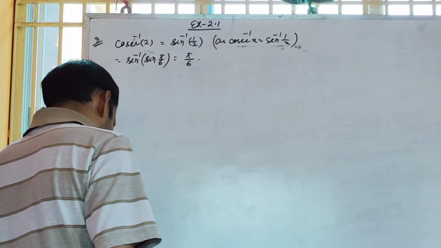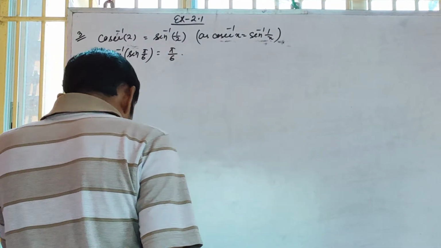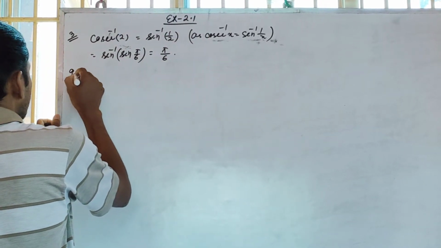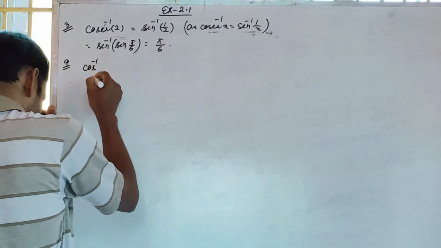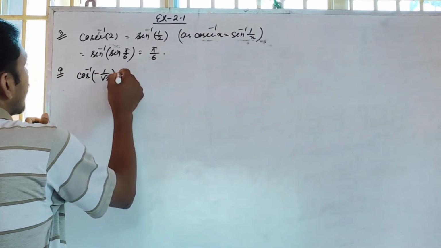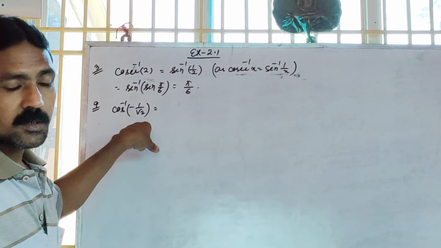Then question number 9: cos inverse minus 1 by root 2. Now it is in which form? It is cos inverse minus x.